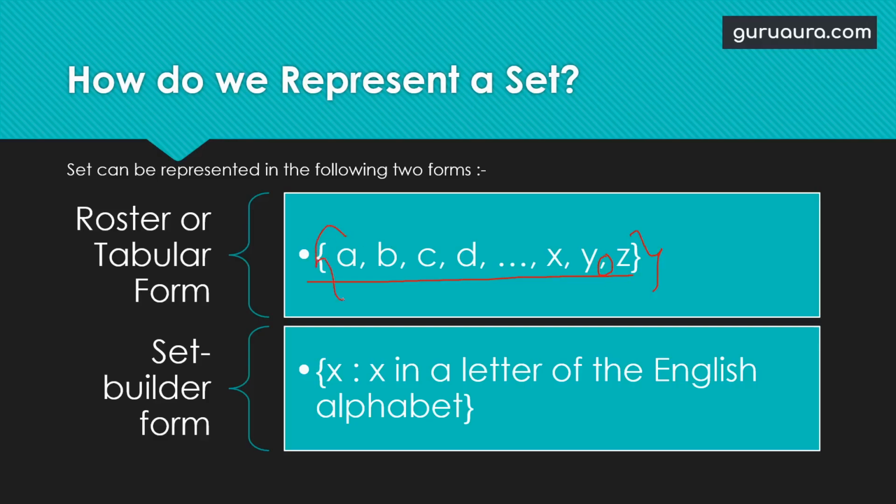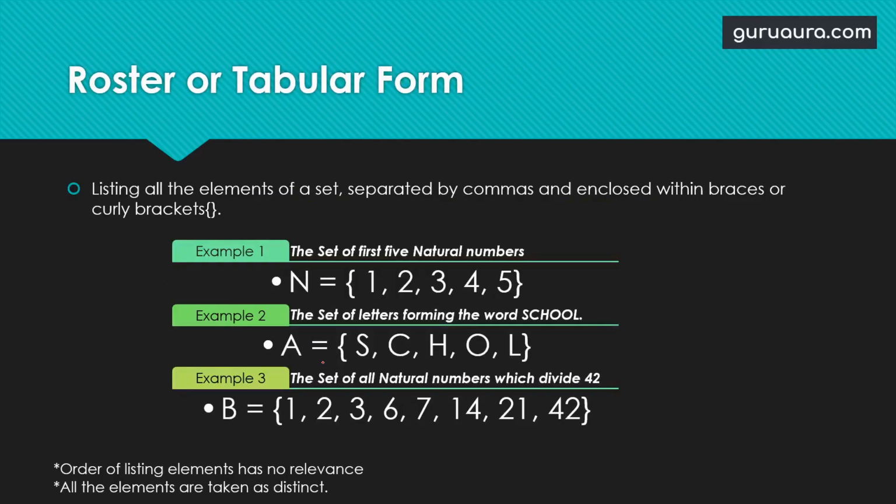In the set builder form, we just describe the common characteristics shared by the members of the set in symbolic form. Let's look at an example of both the forms.